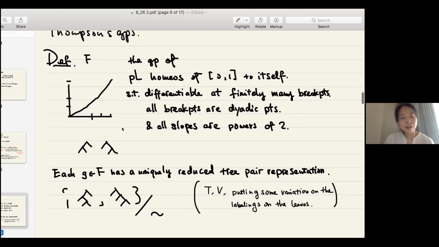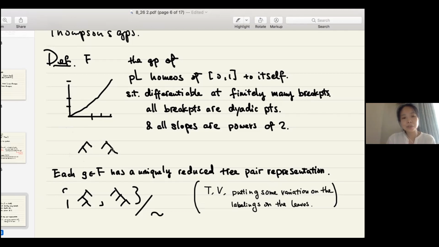Personally, I prefer to use another representation, which is a pair of trees. We could correspond a binary tree to a dyadically divided interval, so that every breakpoint corresponds to a caret, which is a graph with one vertex and two edges.